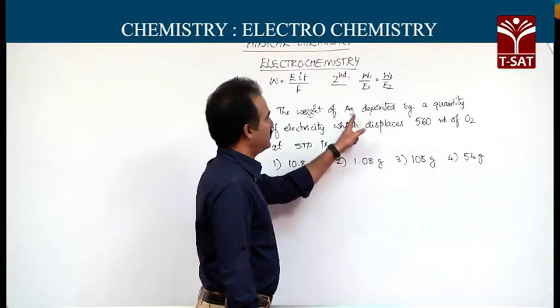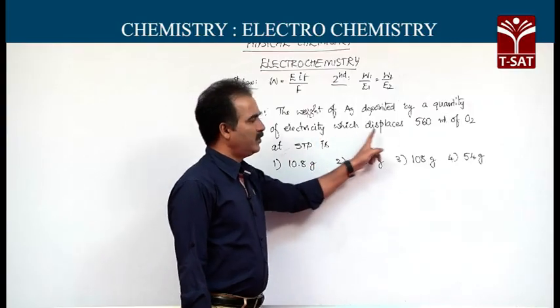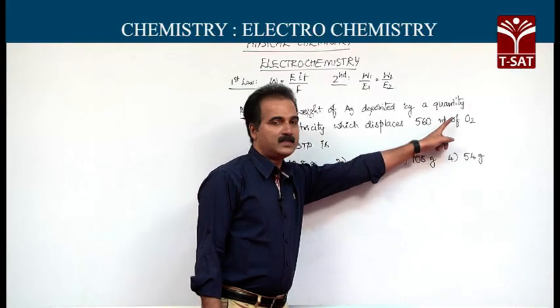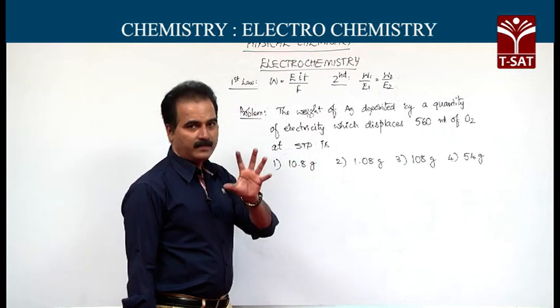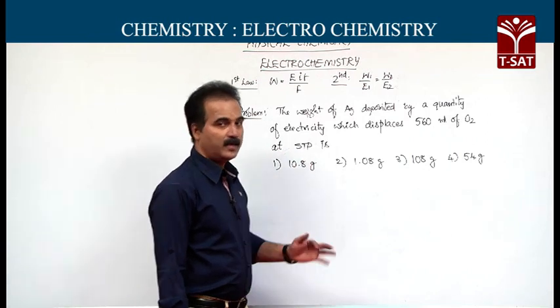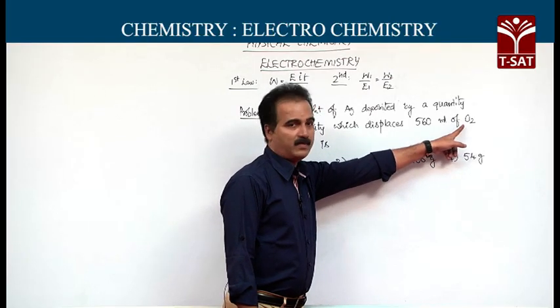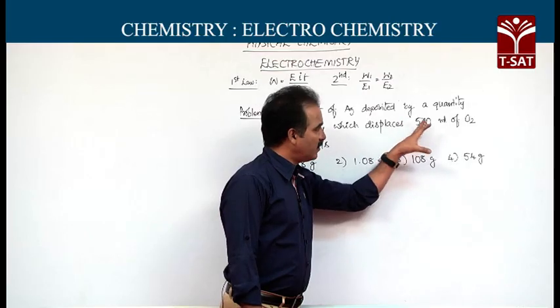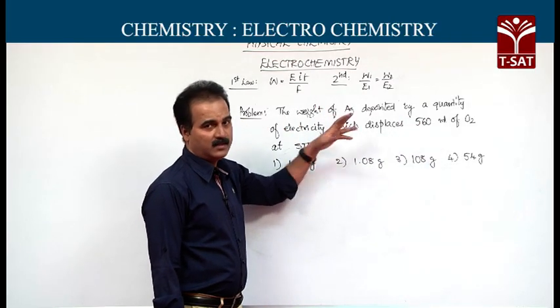The weight of silver deposited by a quantity of electricity which displaces 560 ml of oxygen at STP is? So, we are sending some quantity of current through an electrolyte which is liberating 560 ml of oxygen at STP, and that quantity of charge can deposit how many grams of silver? That is the question.